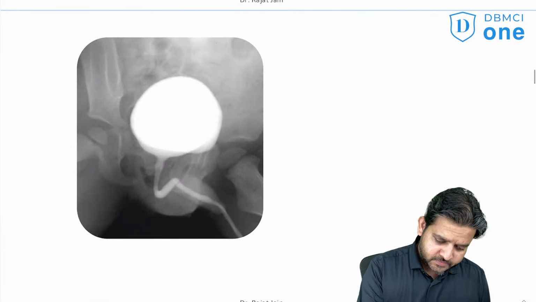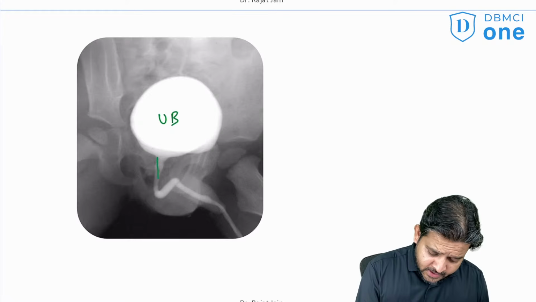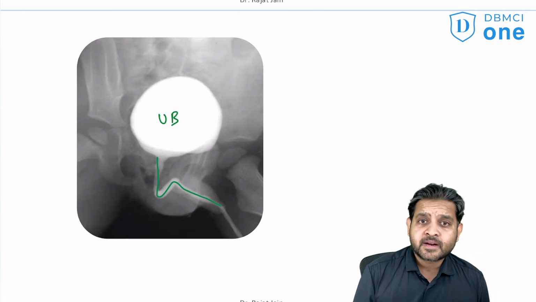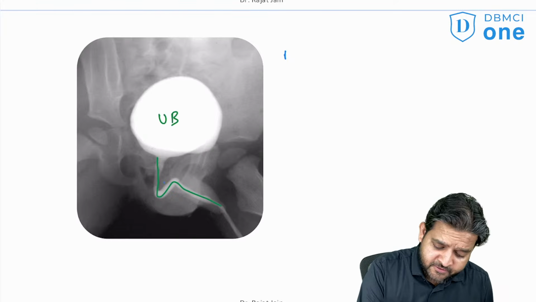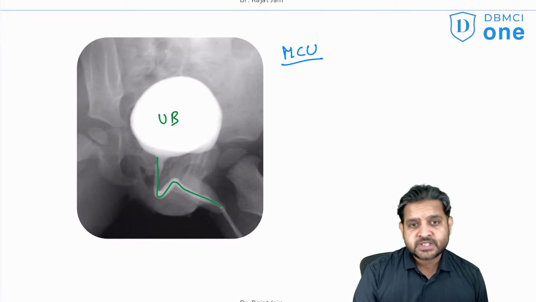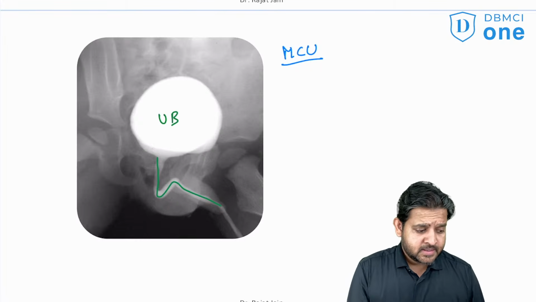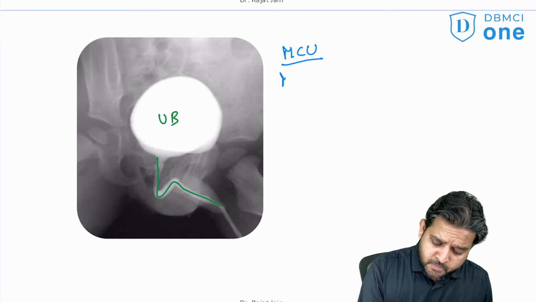Okay, what do we see here? Now this is the urinary bladder and this is the urethra, right? If the urinary bladder and urethra are opacified with the dye, then the name of the investigation is MCU. What is MCU?